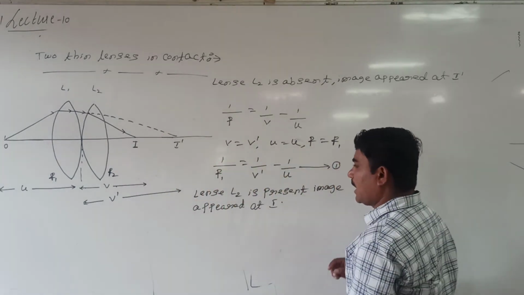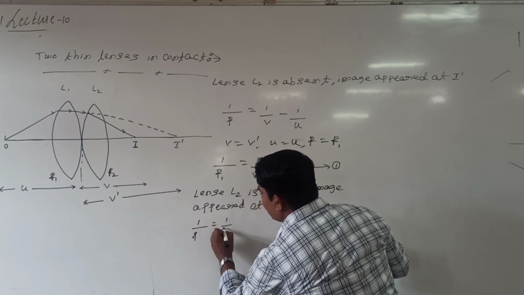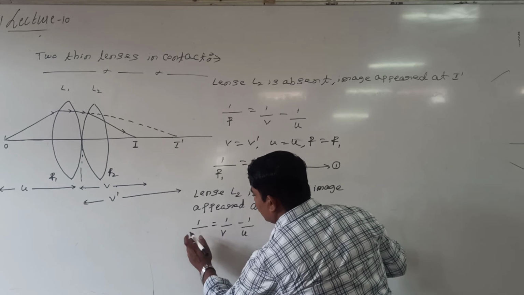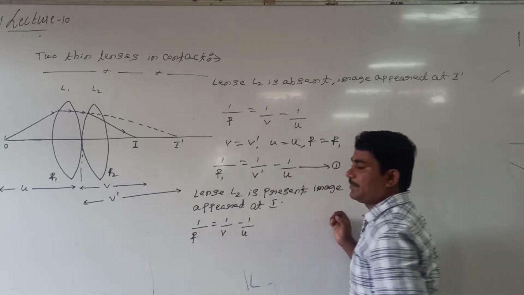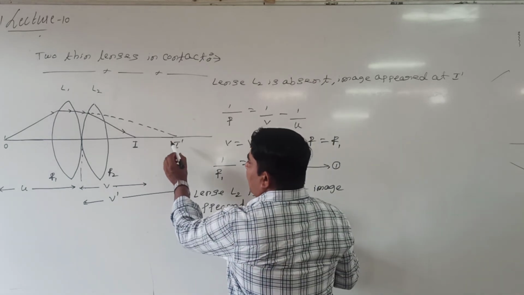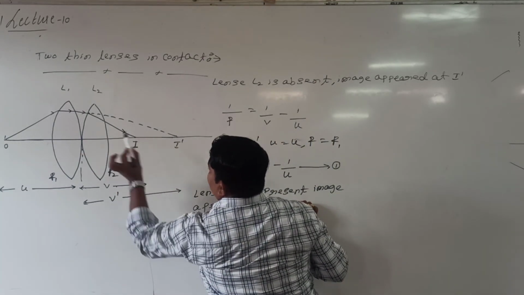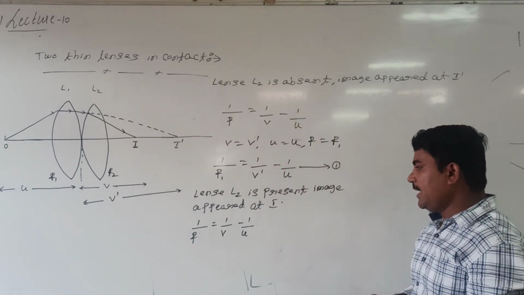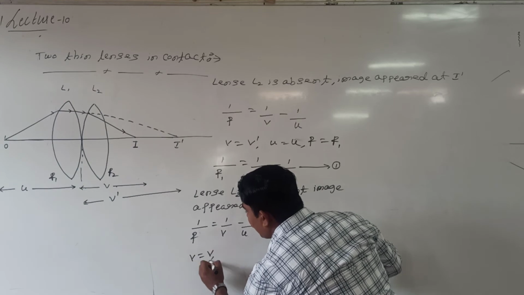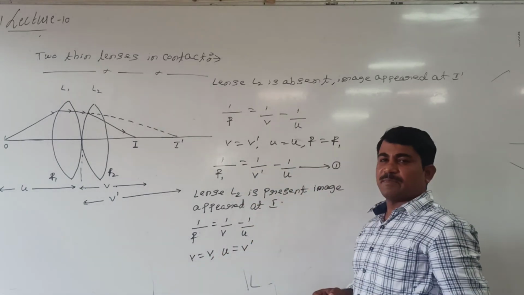So again we know the equation: 1 divided by F is equal to 1 divided by V minus 1 divided by U. Right or wrong? The image is appeared at I, it acts as object in this case and this acts as image. So I can take directly V as V only and U as V dash.